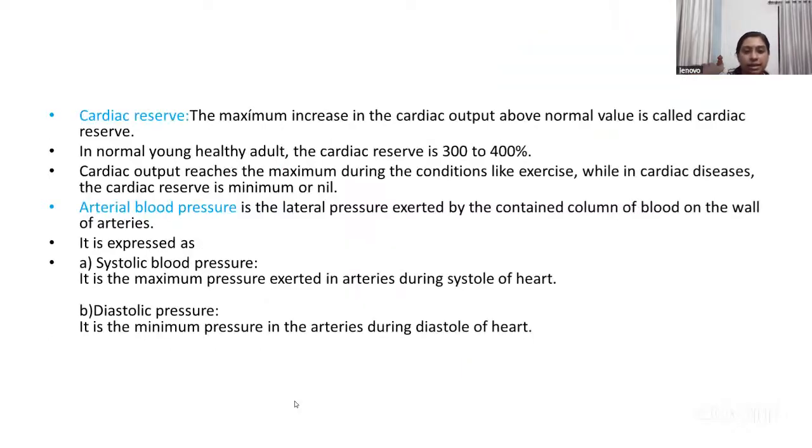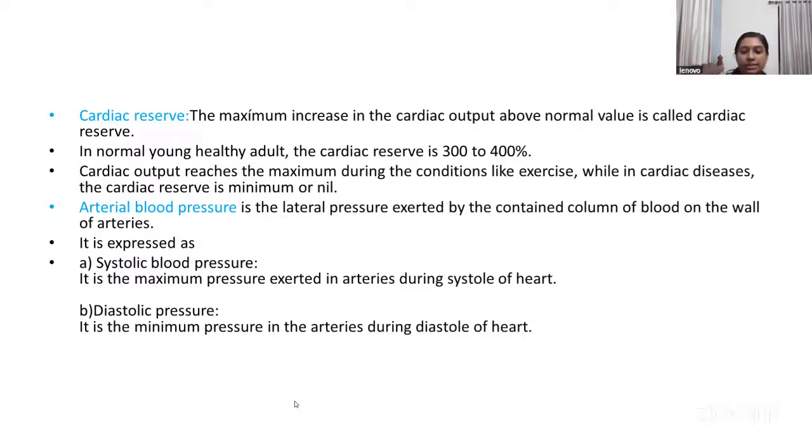Next is cardiac reserve. It is the maximum increase in the cardiac output above the normal value, that is, the heart can pump more in addition to the normal cardiac output when more energy is supplied. That's what we call cardiac reserve.